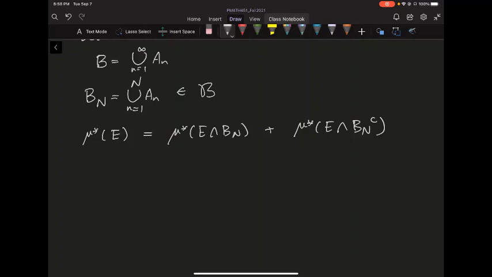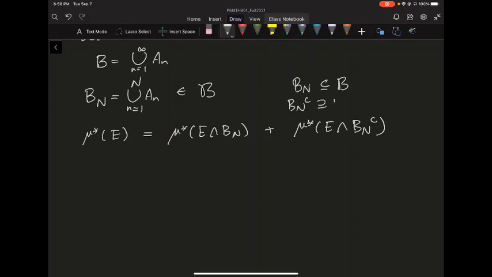So B is the union of all the A_n, but B_N is only the first N of them. So we certainly know that B_N is smaller than B. Because it's smaller, if you take the complement, you get something bigger.